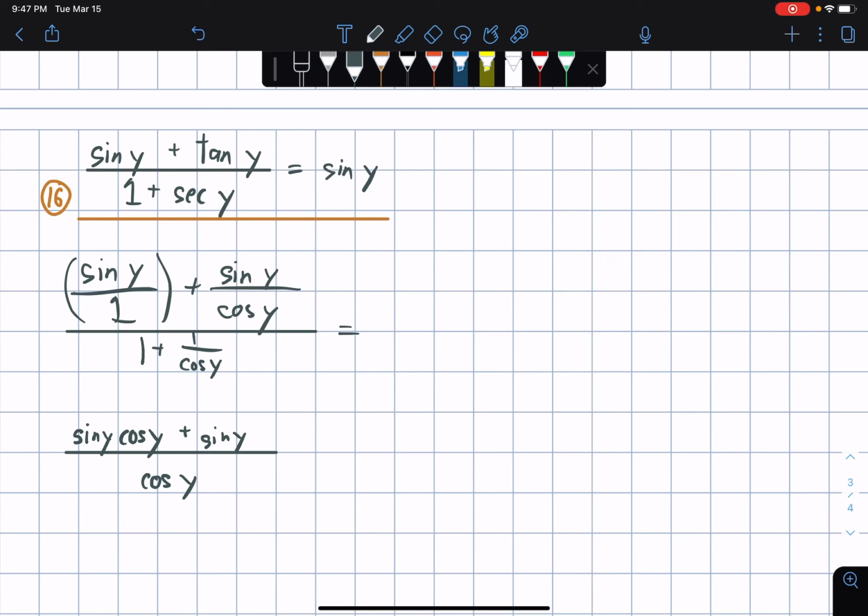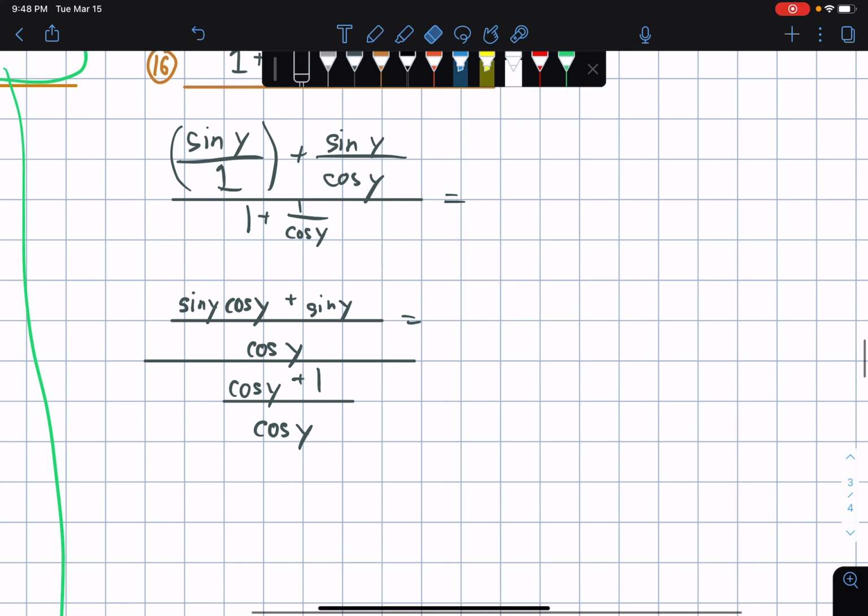We could factor that. Let me spell it already. At this part, we need to find the common denominator, so we get cos y then plus 1.